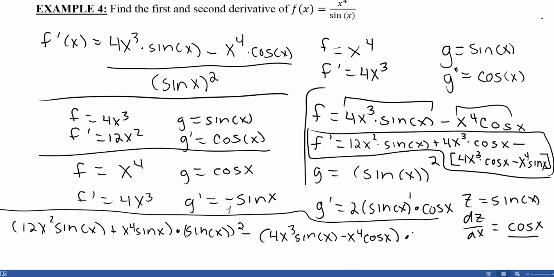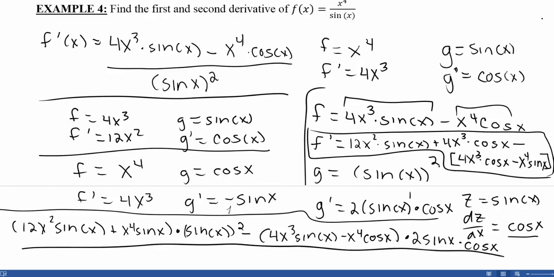So times 2 sine x times cosine x. All of that divided by g squared. So sine x squared, squared. So my second derivative is really super long, right?